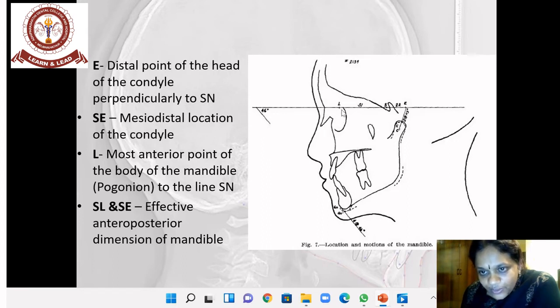This is your L point. The distance between S and L will give you the value of SL. The same way, the midpoint of the condyle will be marked. From there, you should draw a 90 degree line to SN plane, and the distance between S and E is your SC point.